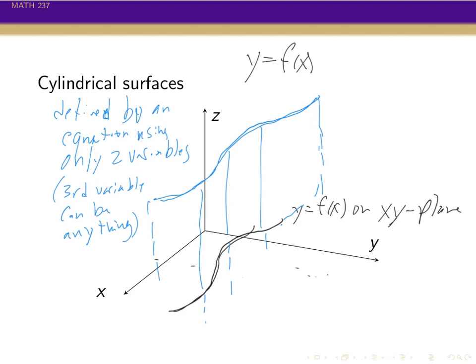To get an idea of what these cylindrical surfaces look like, you draw the curve on the plane of those two variables that you know. So in this case, for y equals f of x, we know how to get y in terms of x. So this is defining a function on the xy plane, and then you go straight out in the other direction. In this case, we went straight up in the z direction.